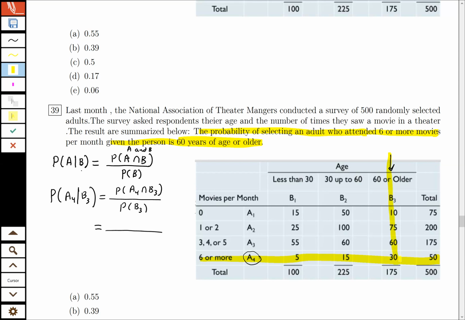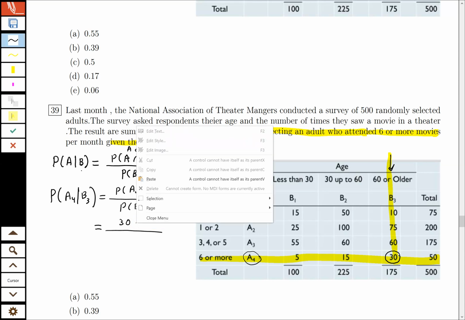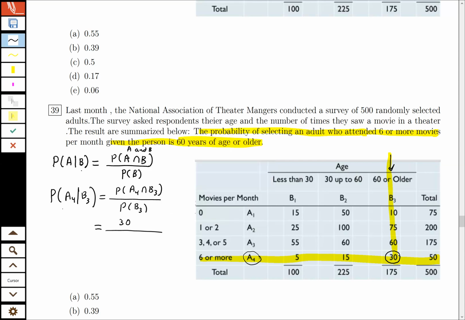What's the intersection? The intersection will be 30. So that is 30 over 500, divided by 500.